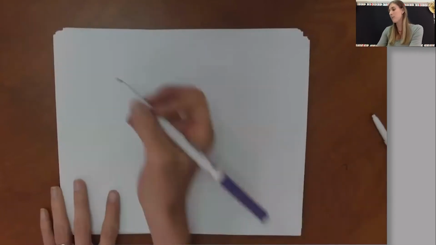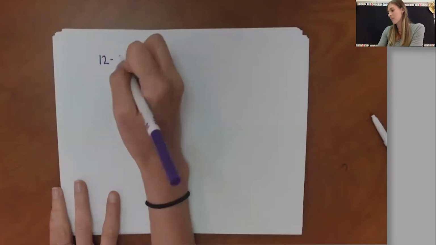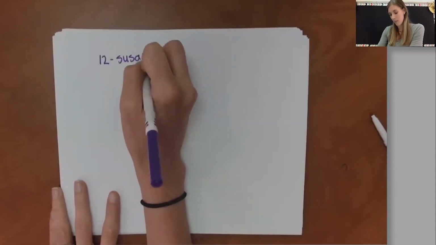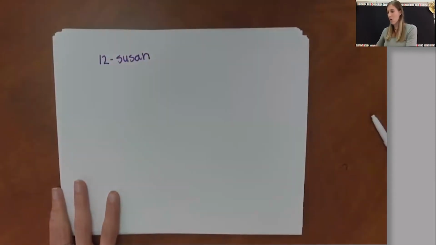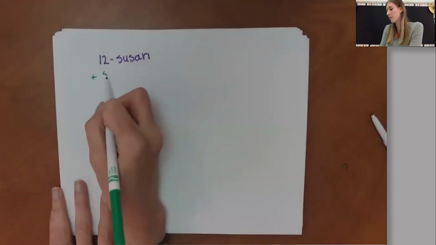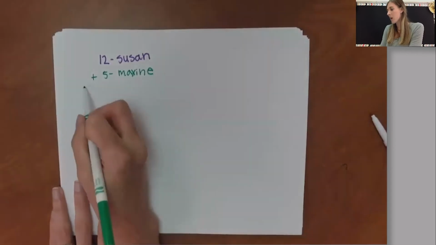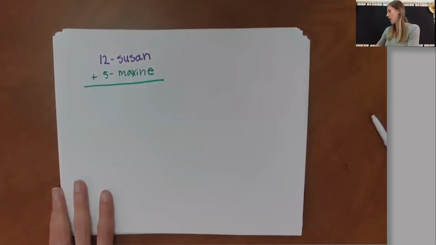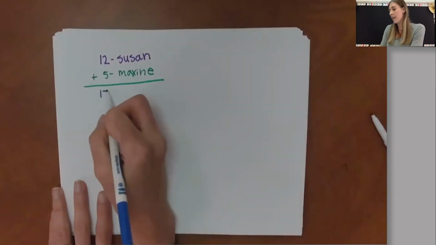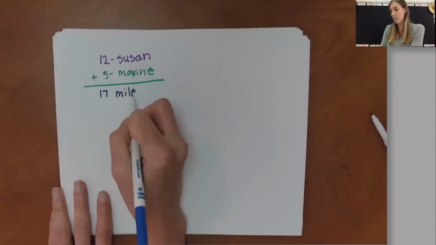So we know that Susan walked 12 miles. And we know that Maxine walked 5 miles. So together, they walked 17 miles.